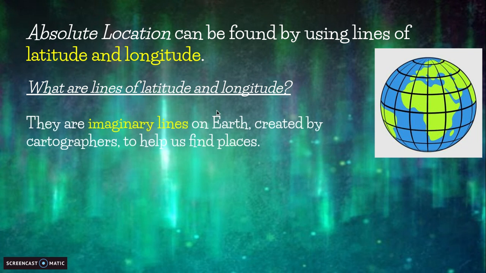Lines of latitude and longitude are imaginary lines on Earth created by cartographers to help us find places. Just a reminder, cartographers are map makers. So the people who make maps have created these imaginary lines on Earth known as latitude and longitude to help us find places.